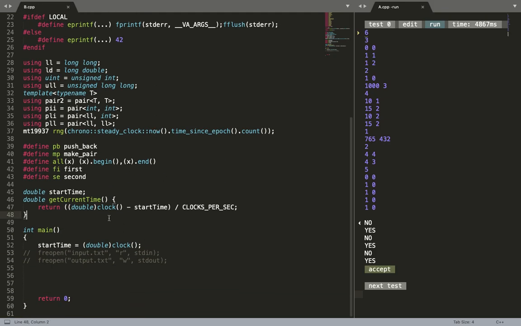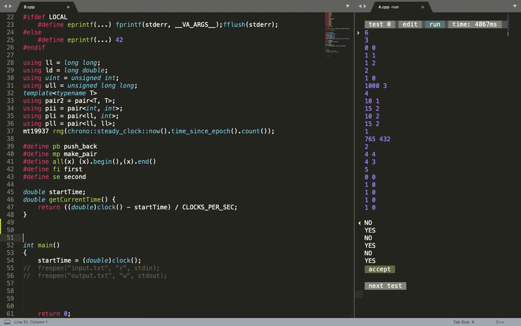So I want to say that we should sort the people by the money they have. And then we should take some suffix of these people, redistribute money among them, and just do nothing else.